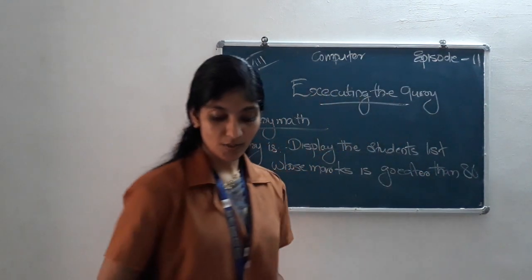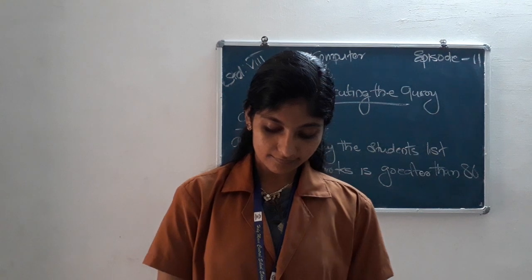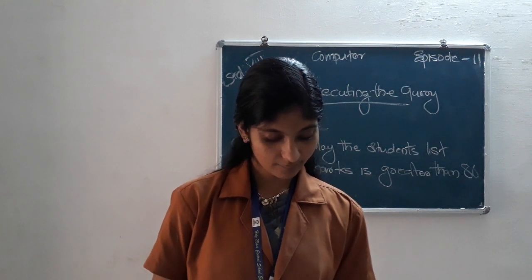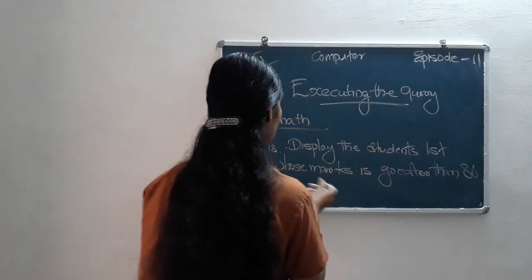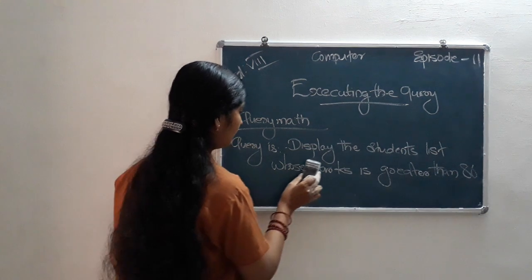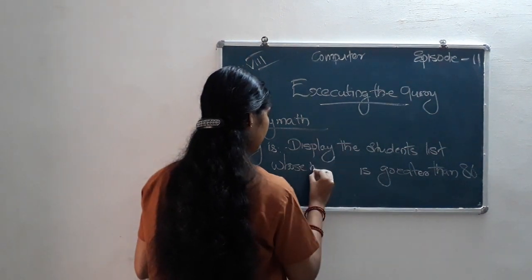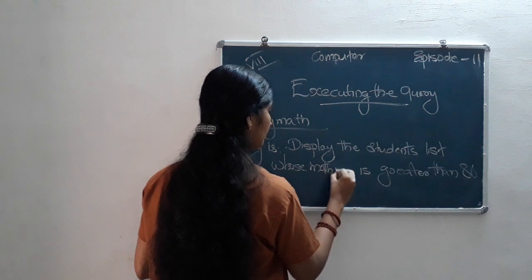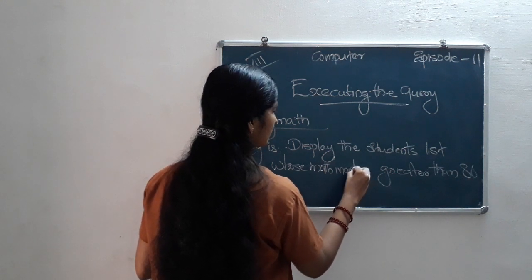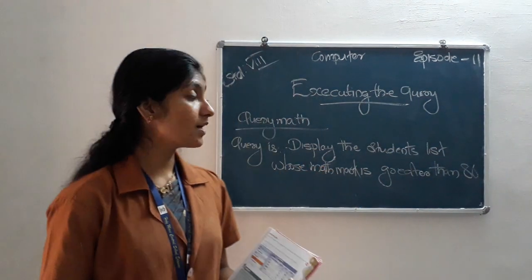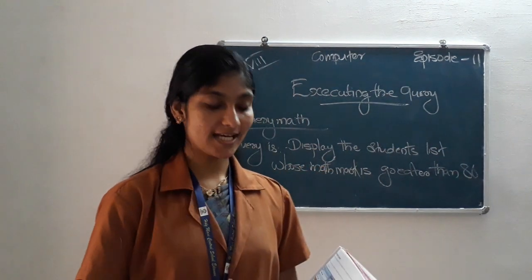So here is the list of students for maths whose math marks are greater than 80. That means display the list of students whose maths mark is greater than 80.